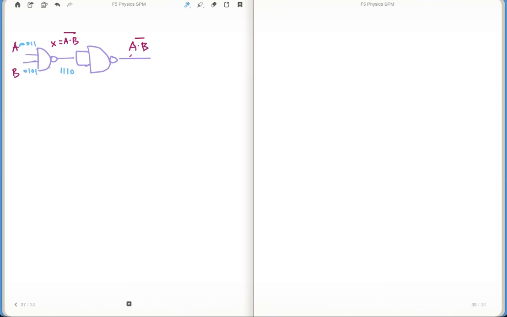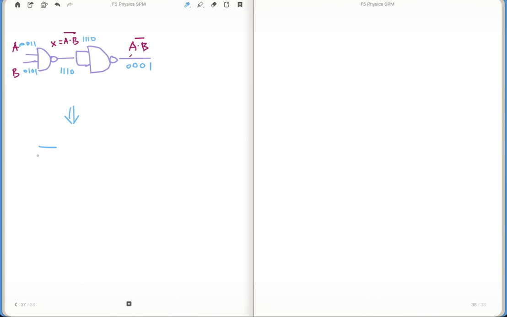So this is the output from part 1. Then they share it. It would be nice if you extend it to here so that you have two inputs. So 1 times 1 is 1, it becomes 0. The output is 0, 0, 0, 1.